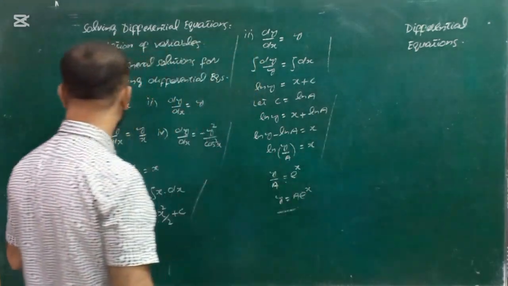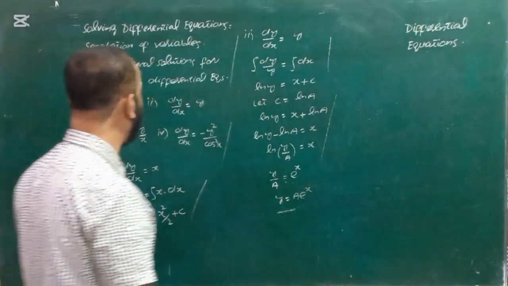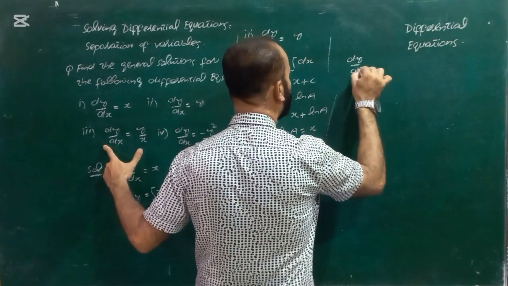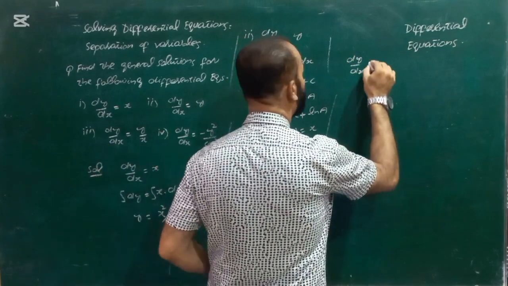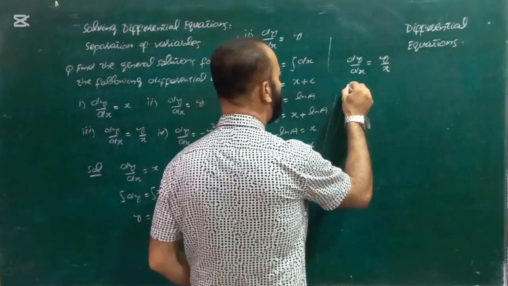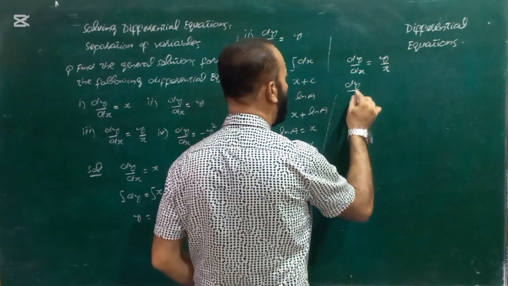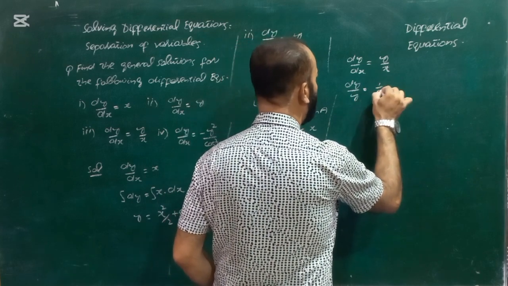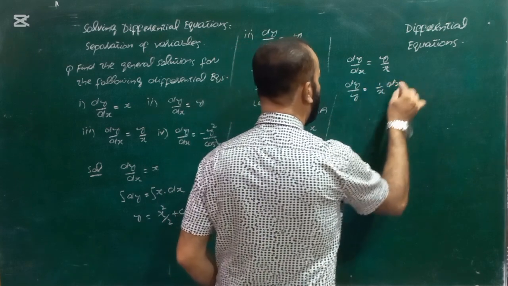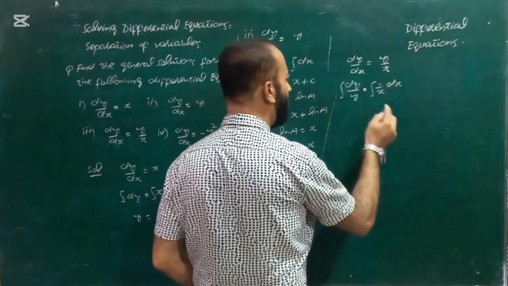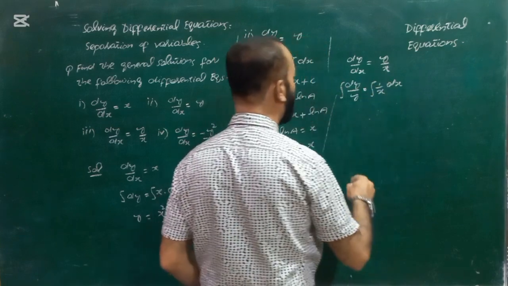Okay, the third part is dy by dx is equal to y by x. So concentrate yourself. So first separating y values on the left and x values on the right, and integrating with respect to y on the left side and with respect to x on the right side.